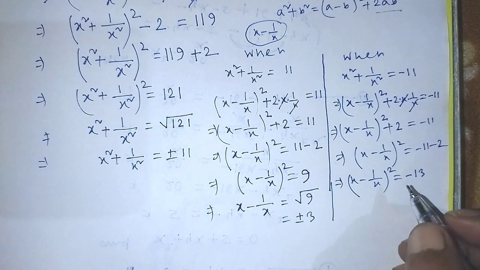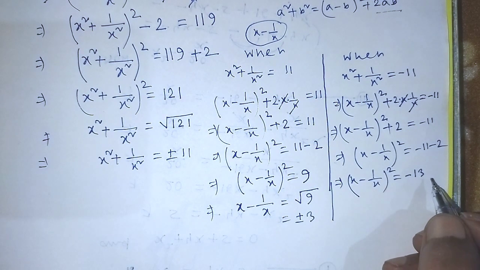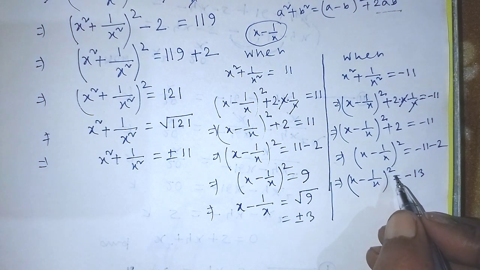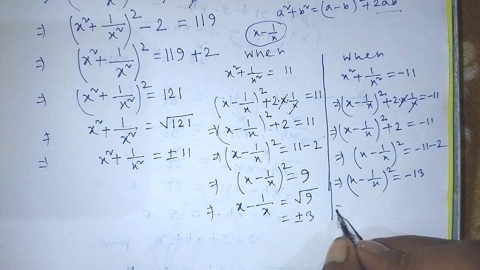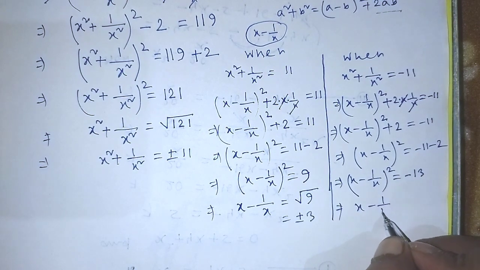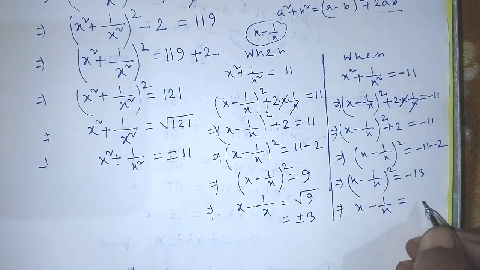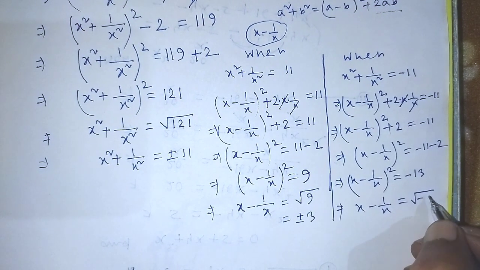Okay. So student, to find the value of x minus 1 over x from this equation, we have to transpose the power 2 from left hand side to right hand side. So similarly we can write x minus 1 over x is equal to, on the right hand side, the square root of minus 13.